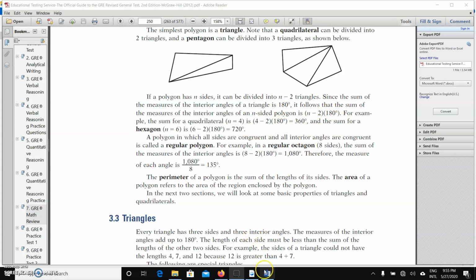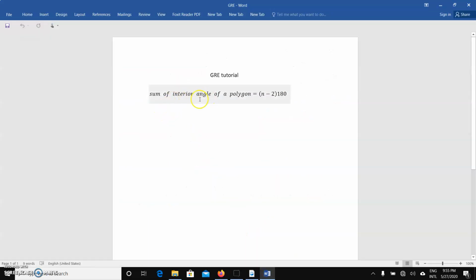Here is the formula: the sum of interior angles of a polygon is (n − 2) × 180. You have to know this formula, because they will ask you to calculate the sum of the interior angles of a polygon.